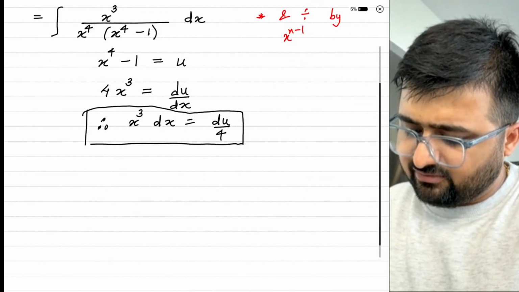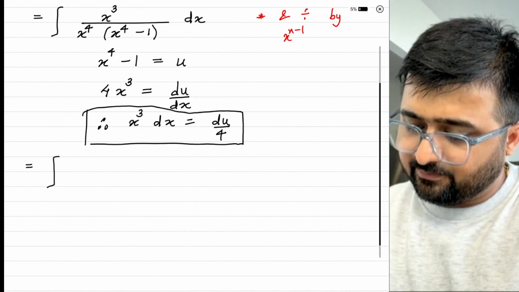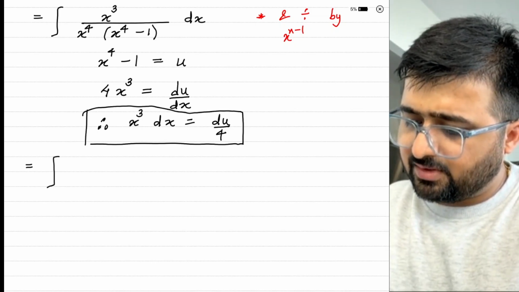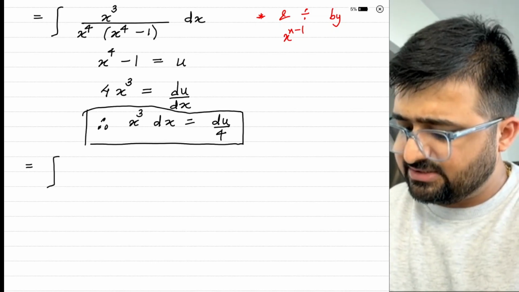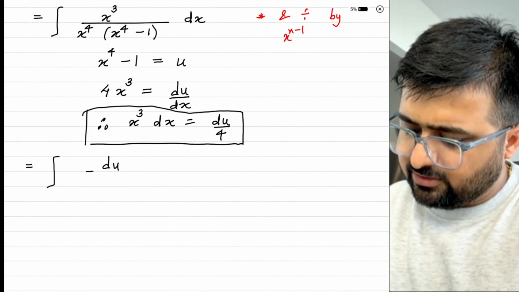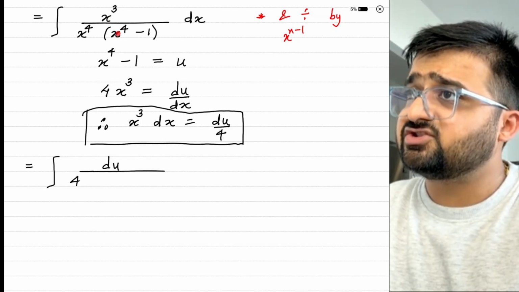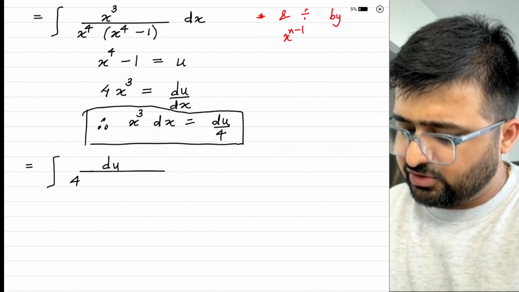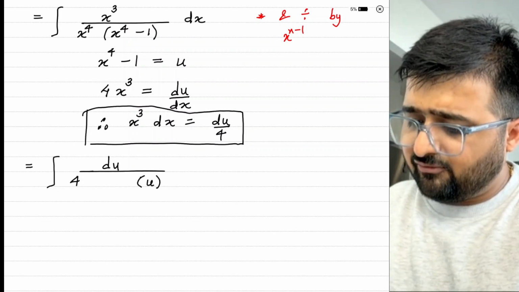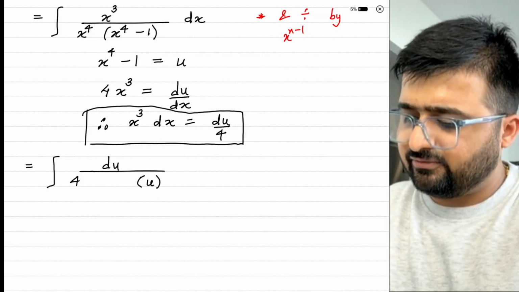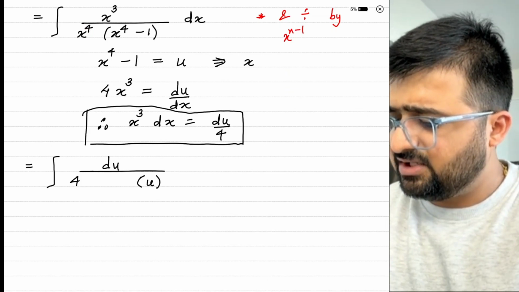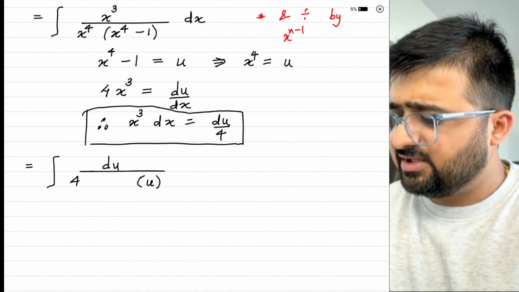So what you have over here now is the integral. These two terms again combined is du divided by 4. Okay, and then that x to the power 4 minus 1 is nothing but u. Remember, we also have that x to the power 4. If you look at this equation, the value of x to the power 4 is nothing but u plus 1.